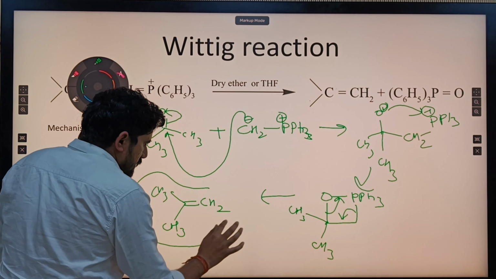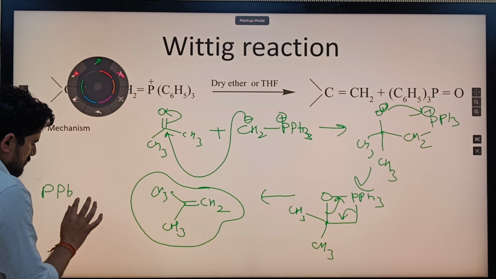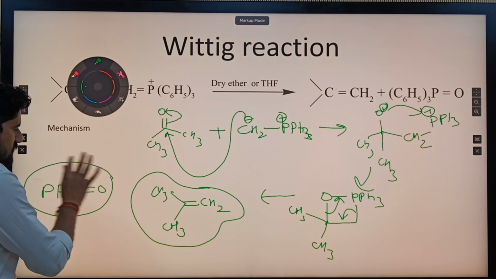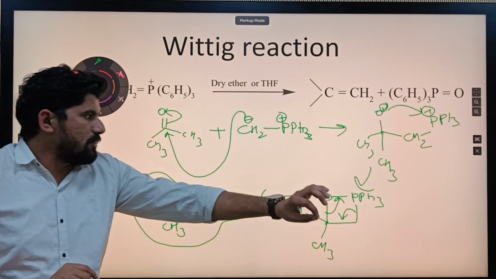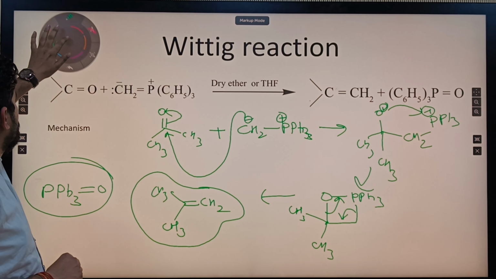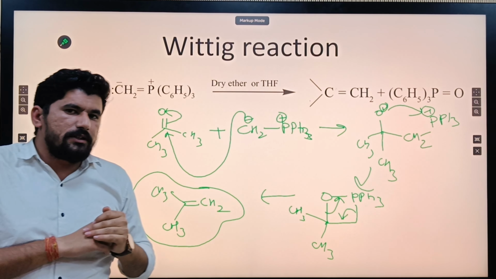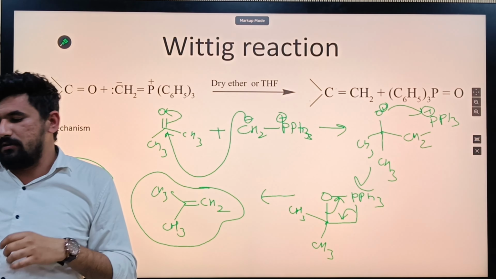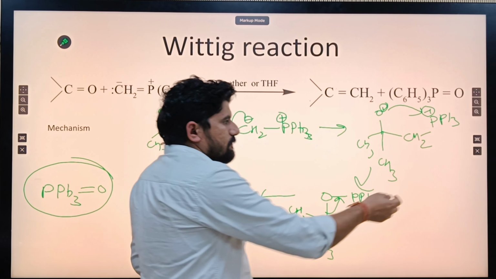This is the product we get, and the side product we have is PPh3 double bond oxygen. This is a side product. So this is the simple reaction mechanism behind the Wittig reaction. So this is a most important reaction. Let's move further.